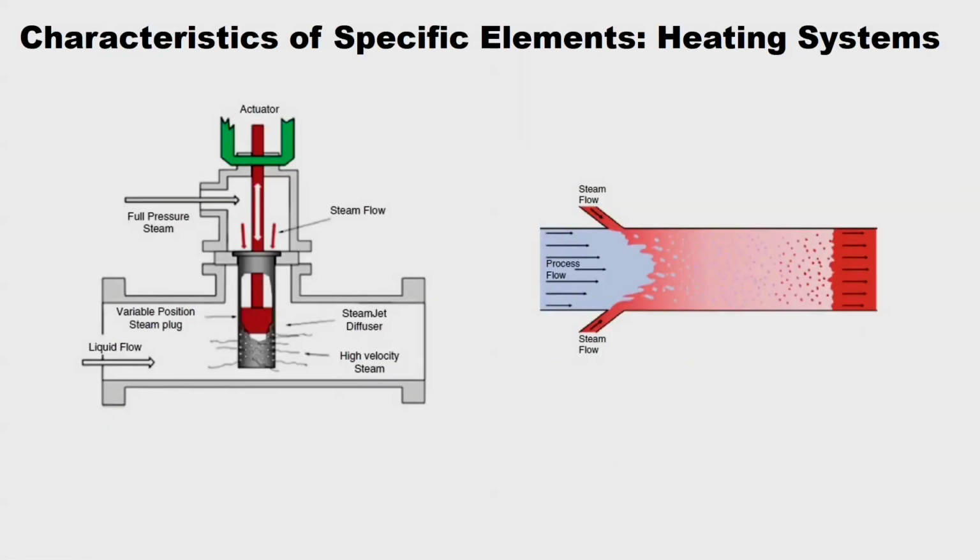And next one is heating system. Heating system, in the sense there are two types. One is direct heating and indirect heating. So this system is direct heating. This also we have discussed very briefly in one of the lectures. This is steam injection system.